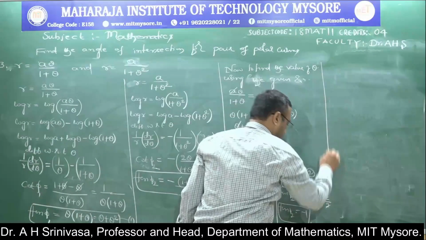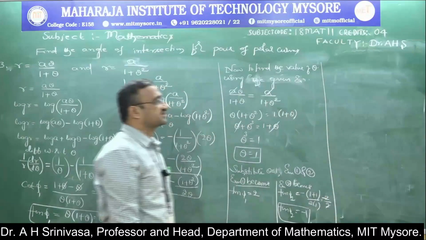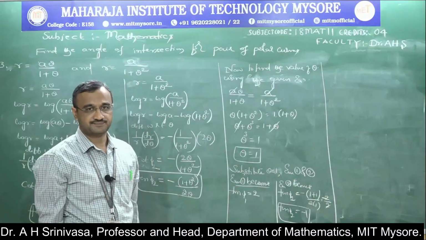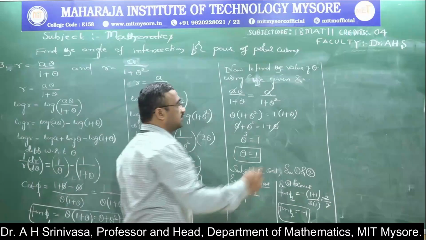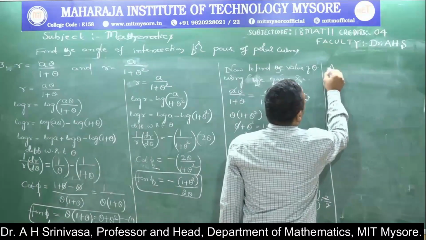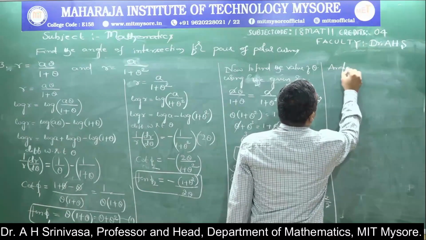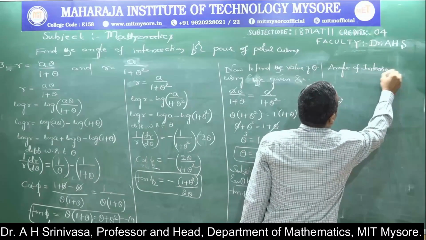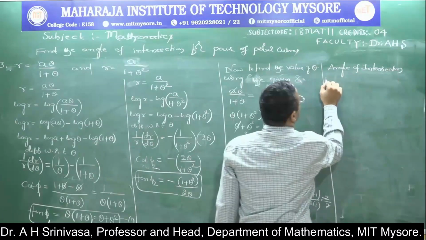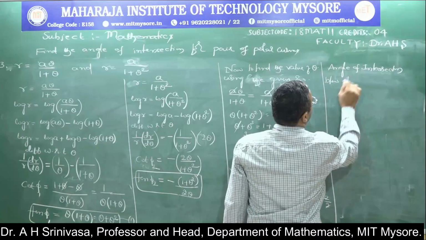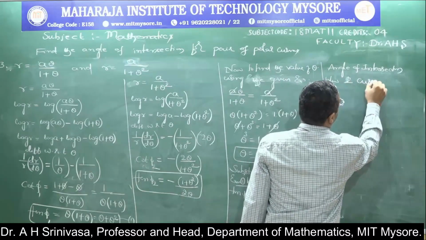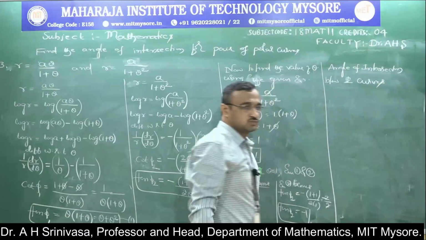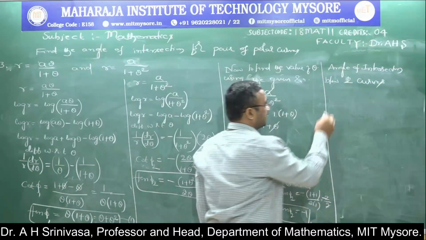Now we have to find out the angle of intersection between two curves. We know the formula. What is that formula?